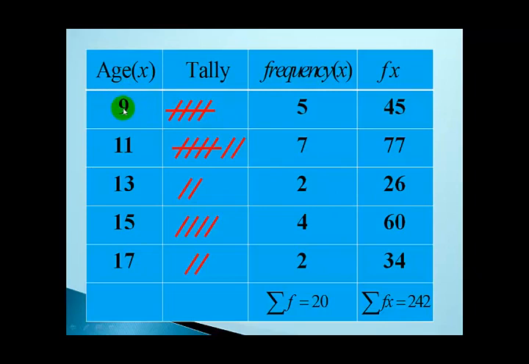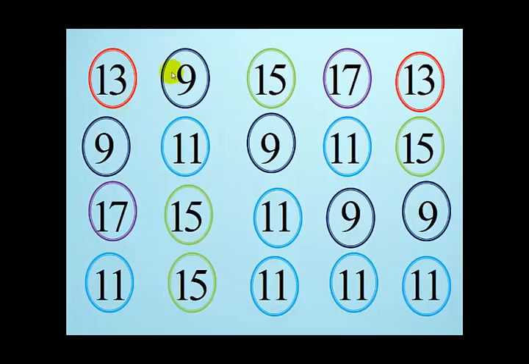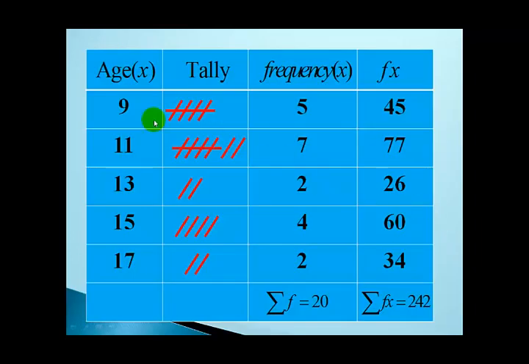Considering age 9, we have 1, 2, 3, 4, 5. So back to the table, we have the tally: 1, 2, 3, 4. The fifth one is used to cross it. That means that the tally for age 9 is 5. So the frequency is 5.